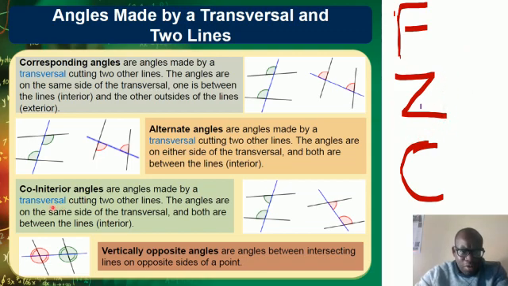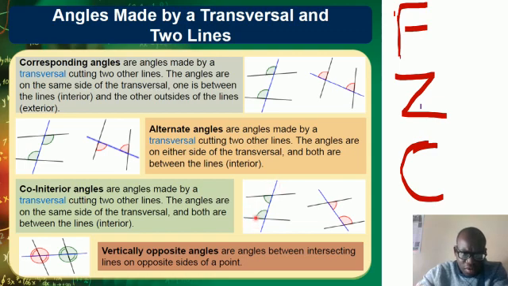Let us now talk about the co-interior angles. What are they? These are angles made by a transversal cutting two other lines. The angles are on the same side of the transversal, and both are between the lines, interior. They are also referred to as the angles in a C. So transversal line, line 1, line 2, and they're on the same side of the transversal.